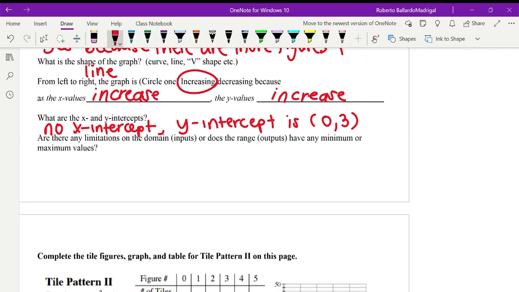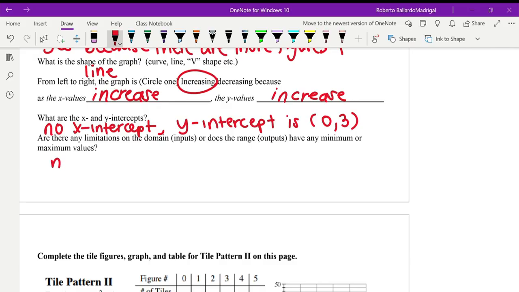I mean, I guess you could, but realistically, you couldn't. Your figure 0 is what you start with. You can't go back and have negatives. It doesn't make any sense. So there is a limitation. Your limitation is you start at figure 0 and you can't go before figure 0. It's not even like back in time, it's just back in figure numbers.